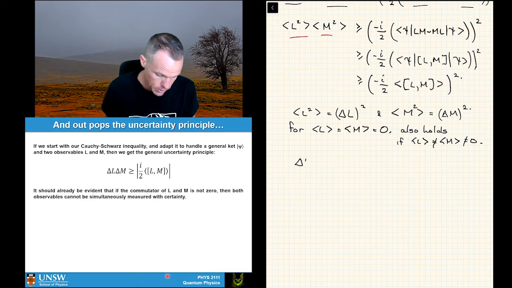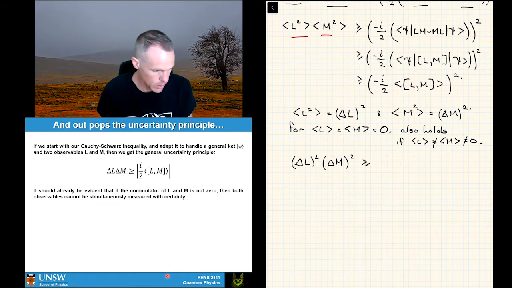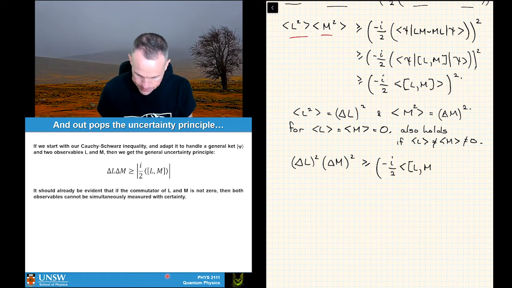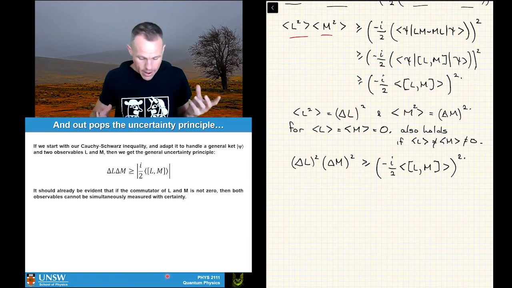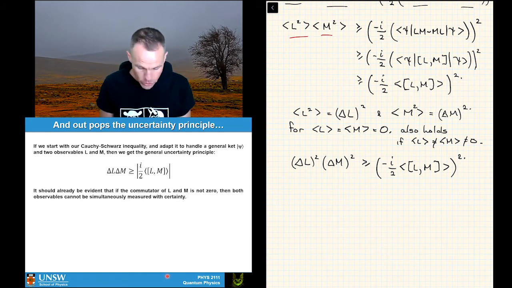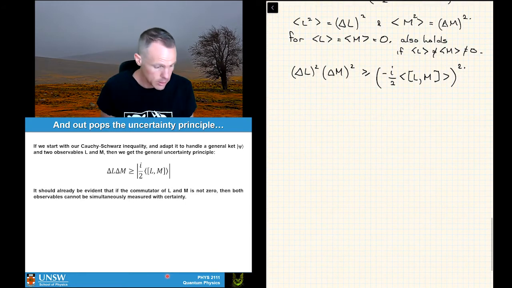So this will now be delta L squared, delta M squared is greater than or equal to minus i on 2 expectation value of L comma M squared. And of course, I can take the square root of both sides, right? And I know that I'm still going to hold my inequality in this particular case.